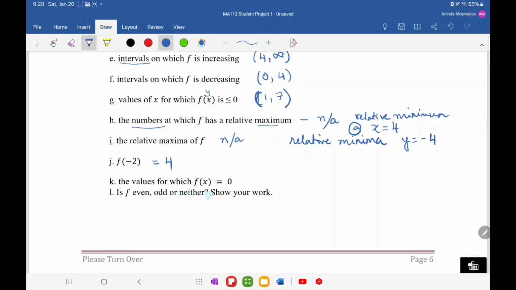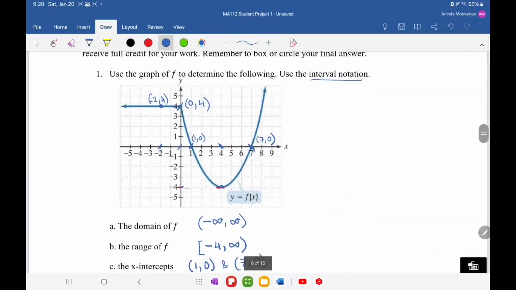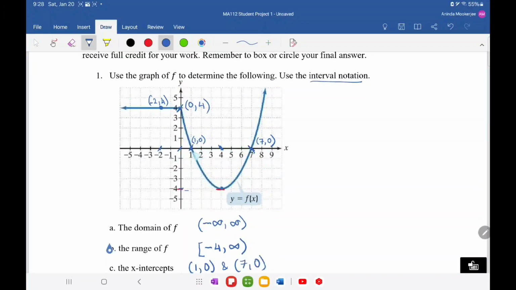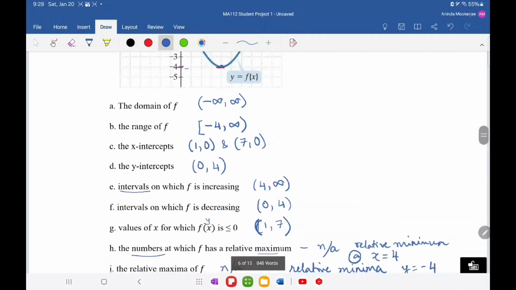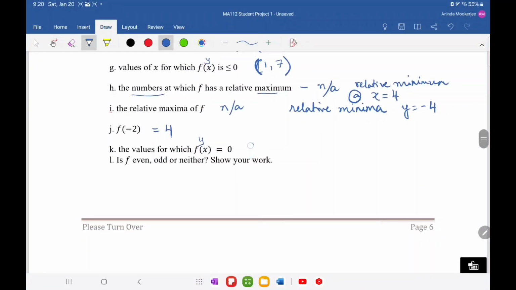The values for which f of x equals 0, that means values for which y equals 0. So let's see. Where is y equal to 0? At x equal to 1 and x equal to 7. So you're going to say at x equal to 1 and x equal to 7.